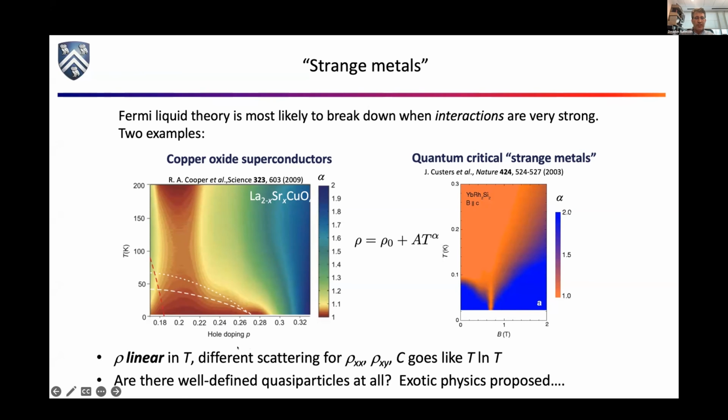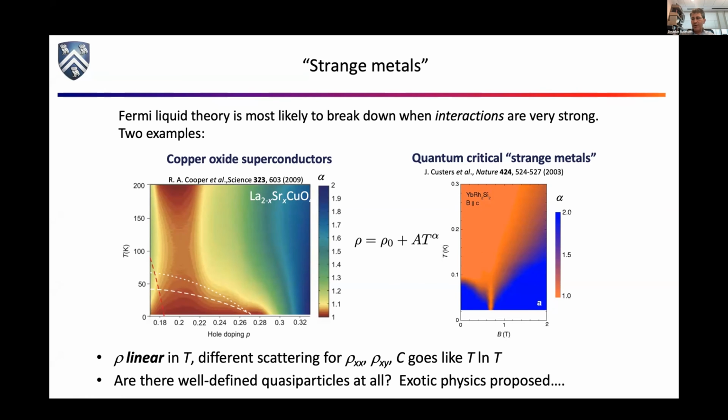In this quantum critical fan, resistivity is linear in temperature rather than being quadratic at the low temperature end. There appear to be different scattering mechanisms for rho_xx and rho_xy. There are logarithmic corrections to the heat capacity. And basically, the question is, are there well-defined quasiparticles here at all? And how would we tell?